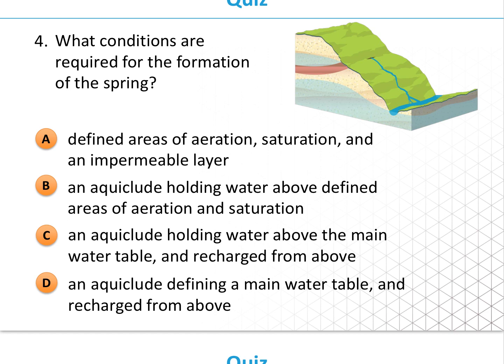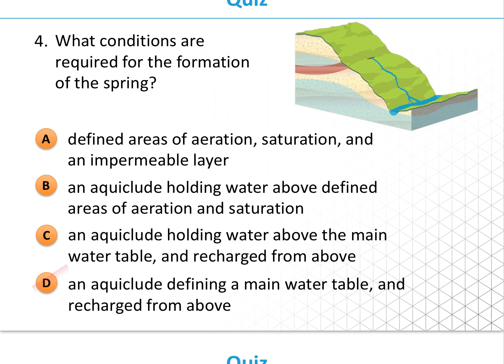So I'm going to work it in reverse here. An aquiclude defines the main water table and recharge from above. It's not defining the main water table. An aquiclude holding water above the main water table and recharged from above. Maybe.